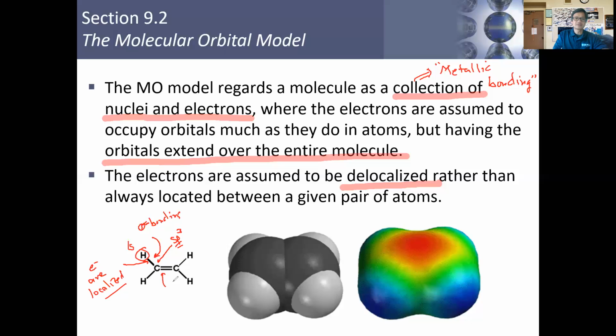This double bond, which, remember, is a sigma bonding interaction plus a pi bonding interaction, is only between the two carbons. Essentially, we have separate atoms being connected together to form this particular molecule, and that's what makes this model different.